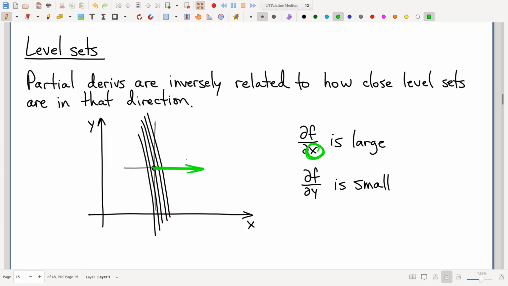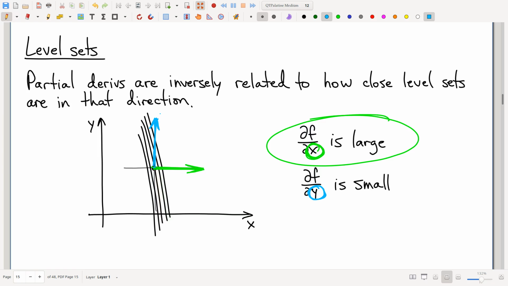Each one of those contour lines could be like 40 feet, let's say, as it was on the map we looked at previously. That just looks like it's pretty steep. So that x partial, I don't know exactly how large. I would need scale. I would need to know what my units are and what the separation between these contour lines is, so I can't tell you quantitatively exactly how large, but it looks kind of large.